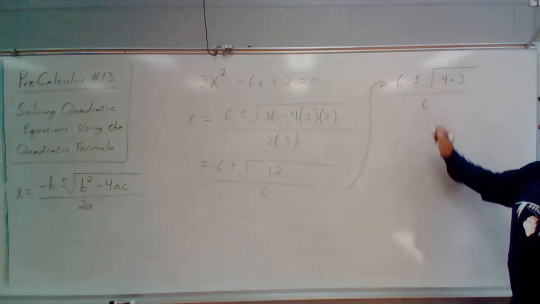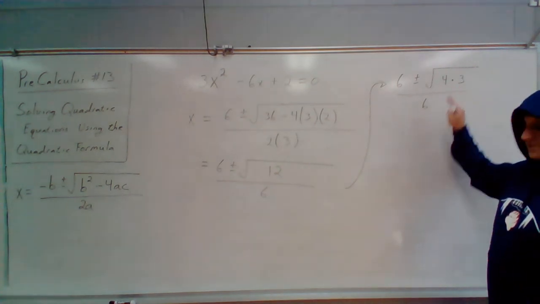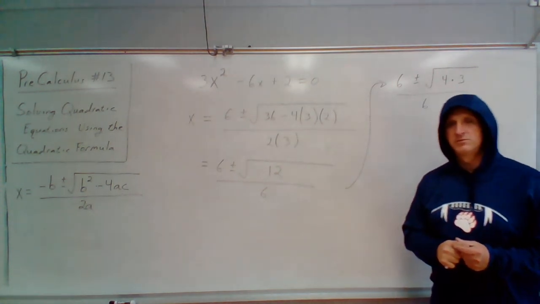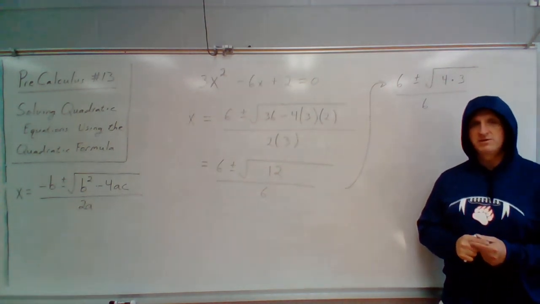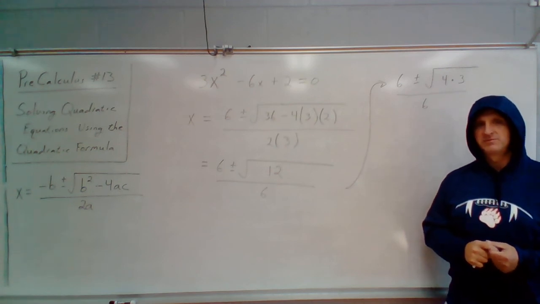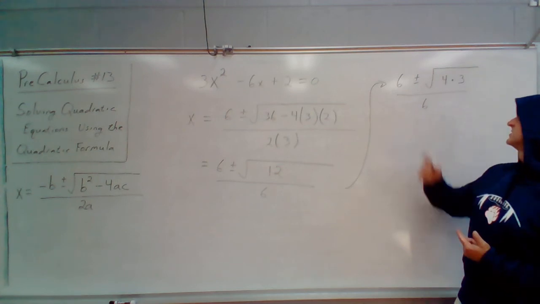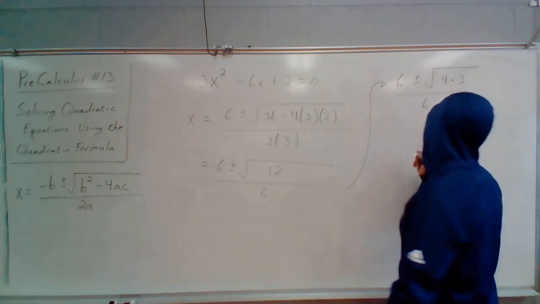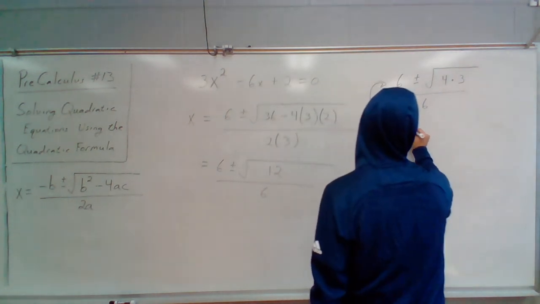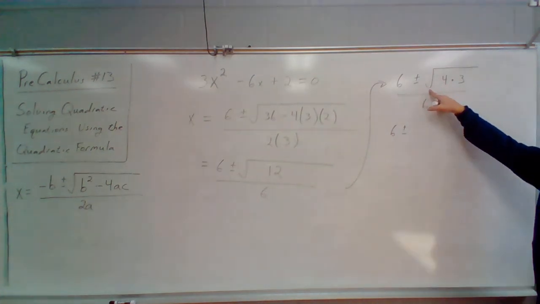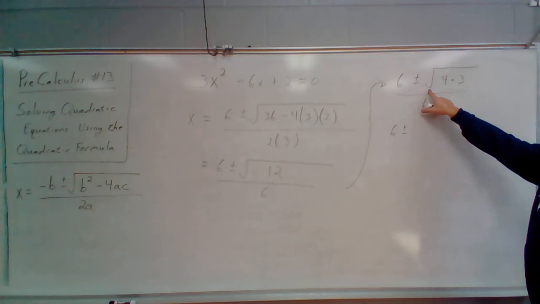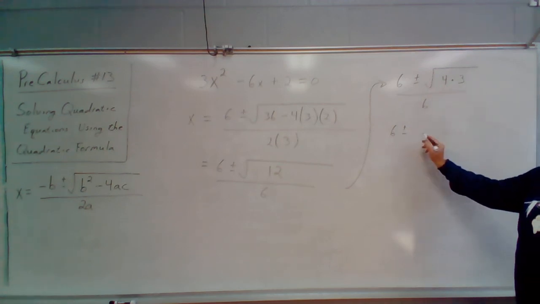Okay, why did I use 4 times 3? Well, 4 was the biggest perfect square that goes into 12. Okay, so 4 is a perfect square. It goes into 12. And it's the biggest perfect square that'll go into 12. So what I can do then is use a rule of radicals, or rule of square roots. I can break this apart into the square root of 4 times the square root of 3.